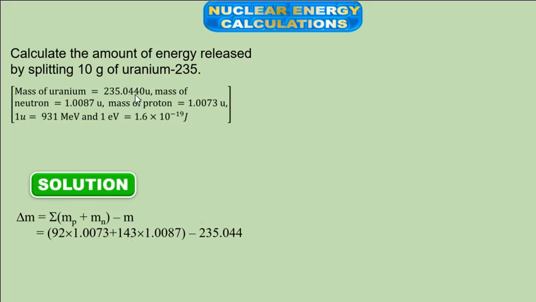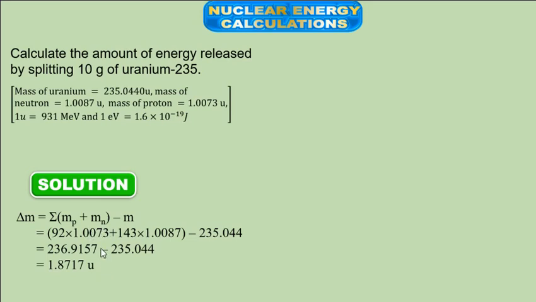And remember, the mass of the uranium nucleus is given as 235.0440 atomic mass units. So we subtract that. Then using a calculator, we simplify all this, and the mass defect will be the mass of the protons and the neutrons all together minus the mass of the nucleus of uranium-235. Simply subtracting this, we have that the mass defect is 1.8717 atomic mass unit.